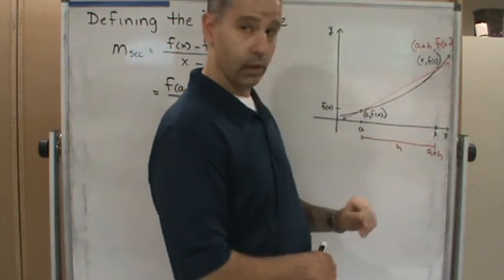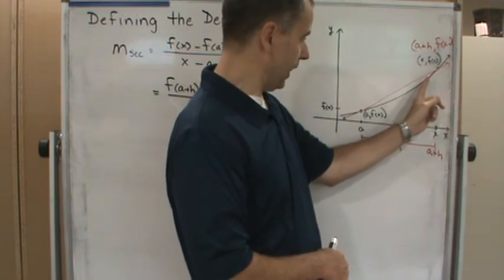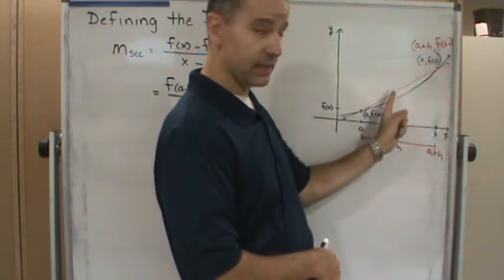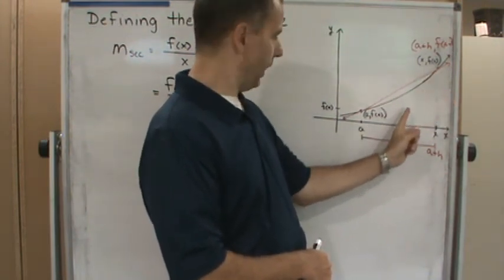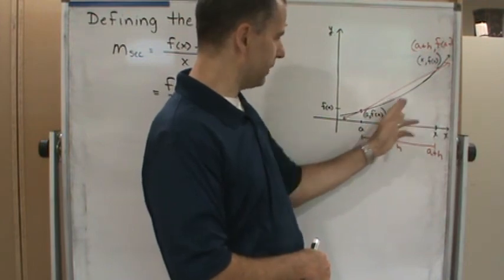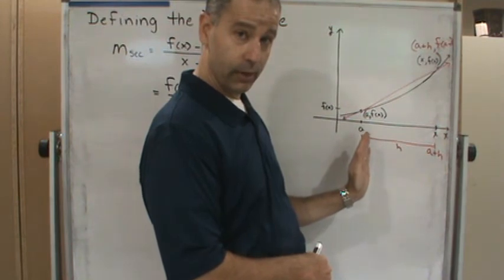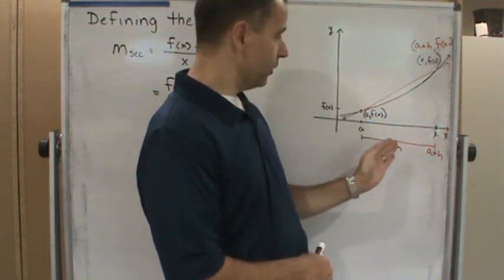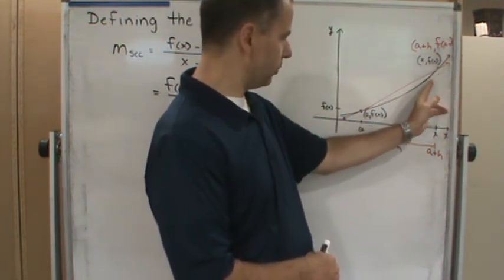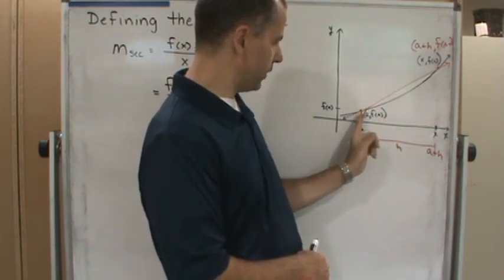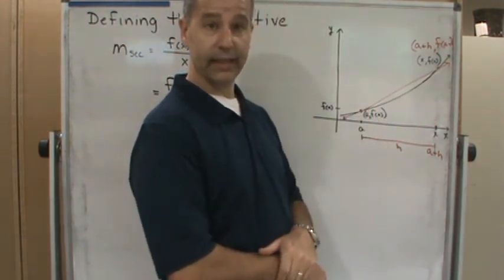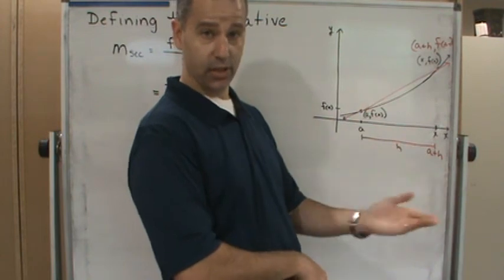The secant line would change, and the slope of the secant line would also change. As you get closer, the secant line ends up on top of the tangent line. So as we get closer and closer to this point, the secant line gets closer and closer to the tangent line.